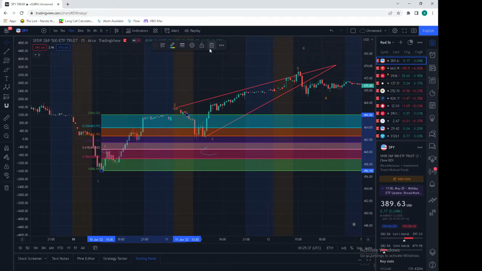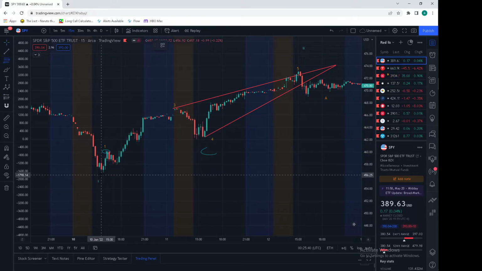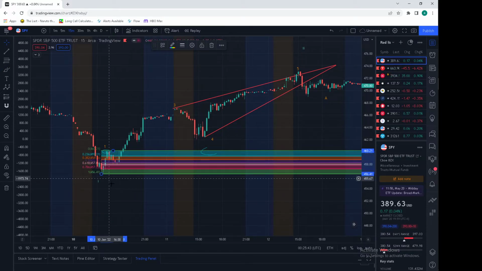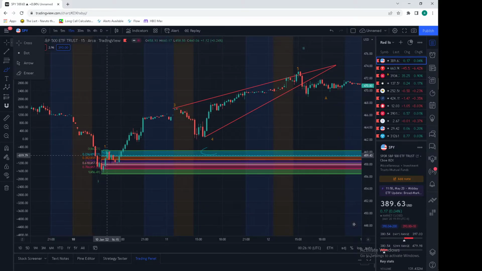We only like to play off of the 618 retracement. If you're moving up towards this 618 retracement, you're always gonna get a natural rejection off that 618 retrace. But if you're moving down towards that 618 retrace, you're always gonna get a natural support. So people like to play it like that.